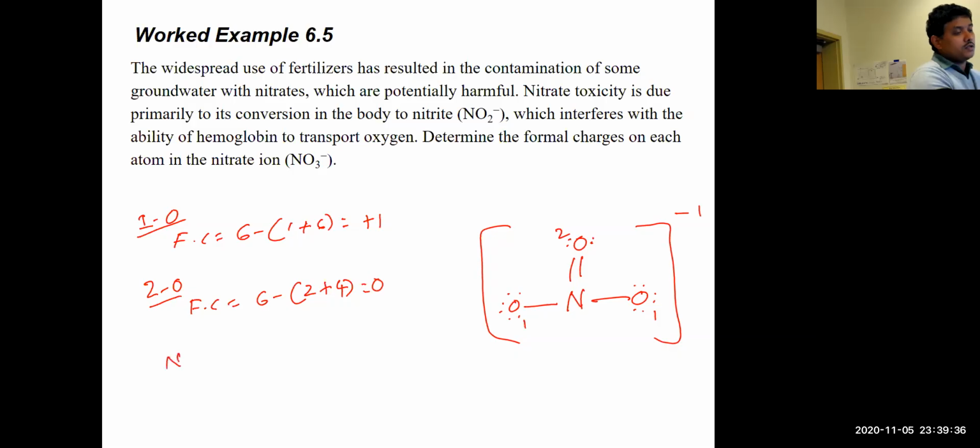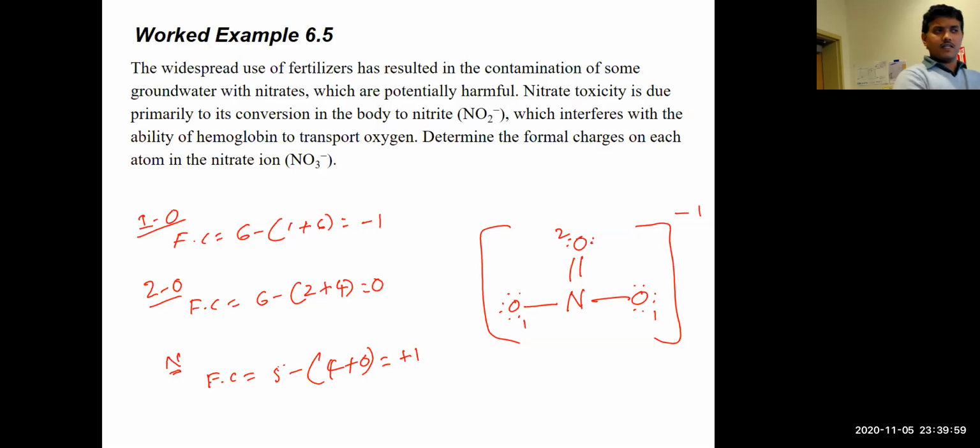And for the nitrogen, the group number is 5. I see a total of 4 sticks and no dots, so the charge is going to be +1. Actually, you would have already noticed it by this time.